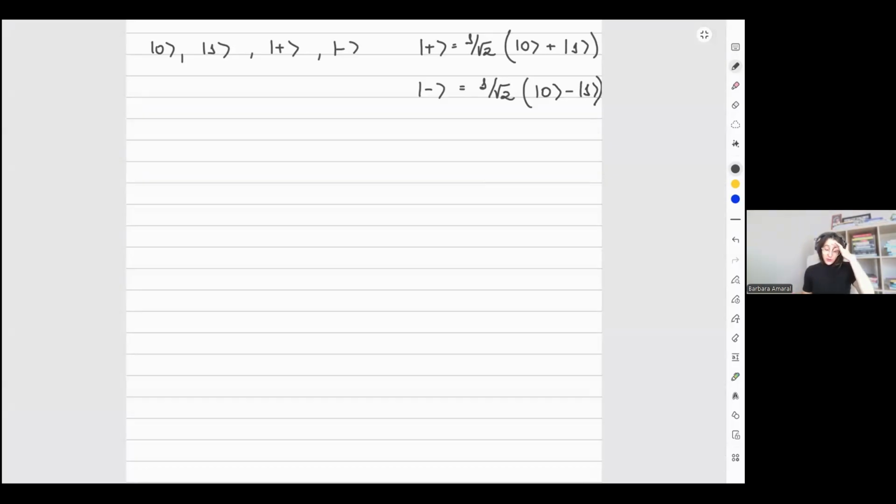Okay, so now we need to understand what are the angles theta and phi for all of these four vectors.